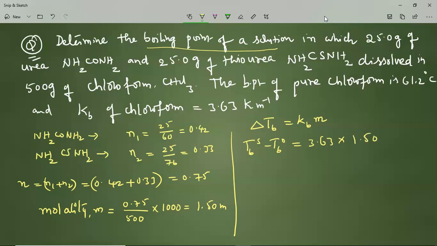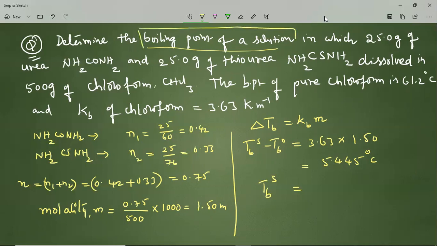In this case, the product value I have got is 5.445 degrees. That is the answer, and I have to find Tbs, because Tbs is the boiling point of the solution we are taking.